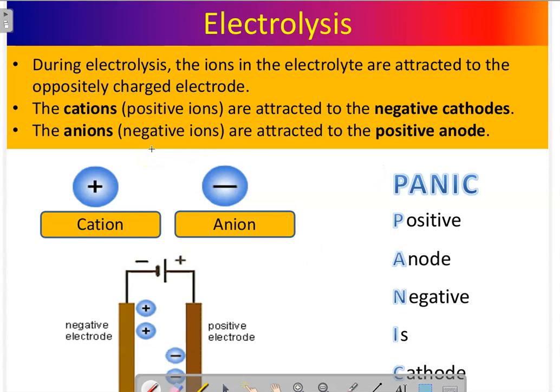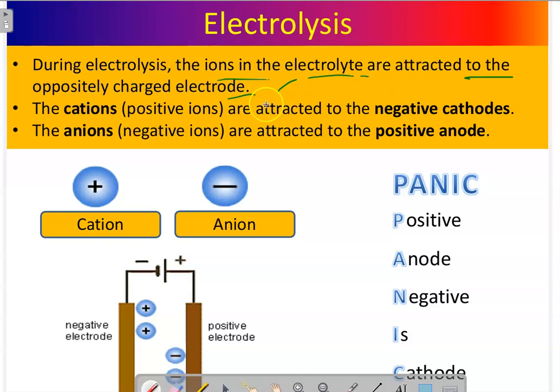Now, going back to our electrolysis, what happens during electrolysis? The general principle is that during electrolysis, the ions in the electrolyte are attracted to the oppositely charged electrode.